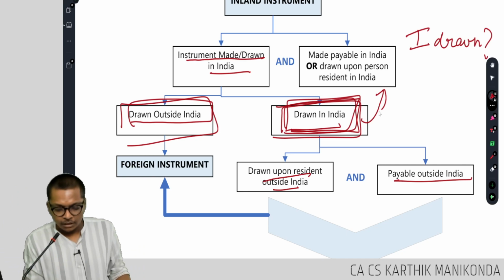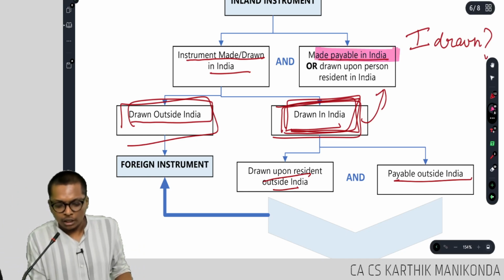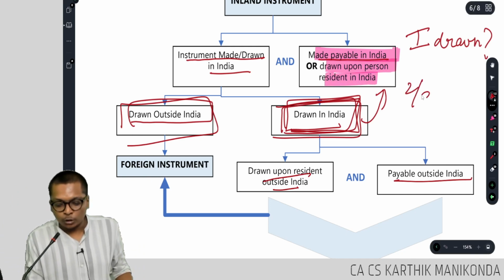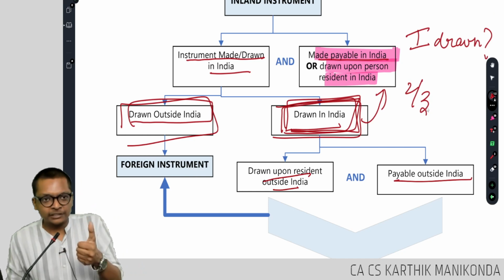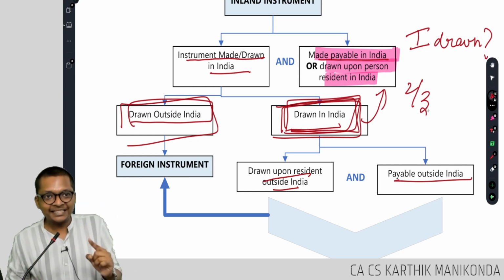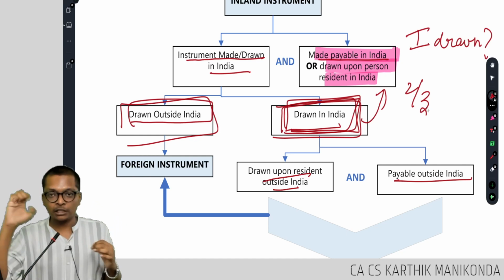For example, made payable in India or drawn upon a person resident in India, then 2 out of 3 satisfied. Then it becomes an inland instrument. I am telling you how the law is drafted. Law is drafted like this. It tells first where it is drawn. It is going to check the drawing condition.